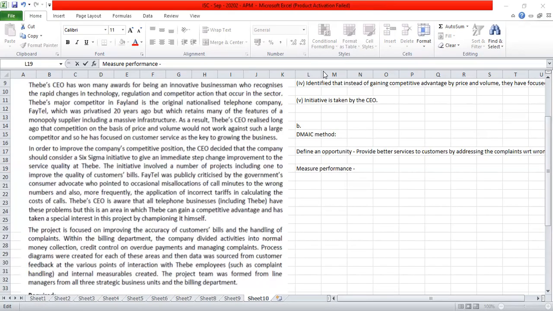They've collected feedback from the customers. So measurement of performance is by that. So they got to understand what the performance is, and specifically they have understood how the competitor is performing. So elaborate that and write. So that's measure performance. DMA.